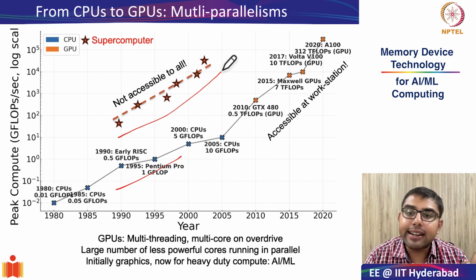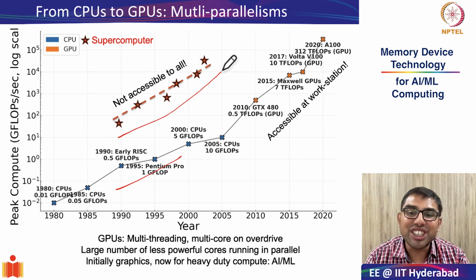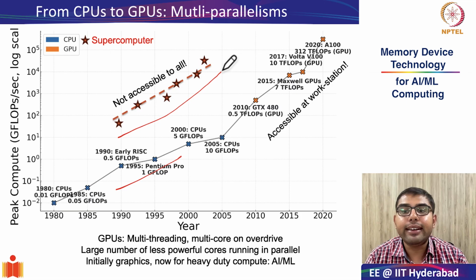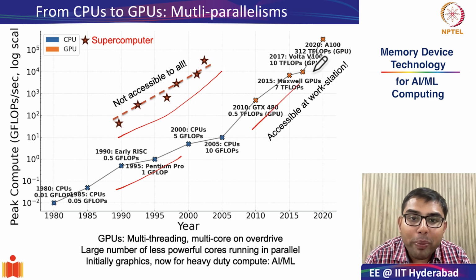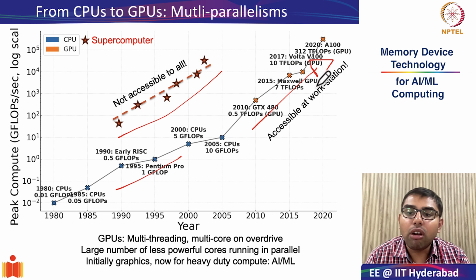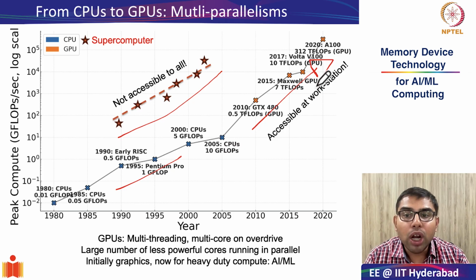These were originally designed for graphics, but GPUs offered massive parallelism, something that we will discuss in detail in the next slide. Now, GPUs have thousands of cores working at the same time, and around 2010, they started to be repurposed for general purpose computing. Unlike supercomputers, GPUs were relatively affordable and available to researchers, startups, and even students. So, GPUs have democratized high performance computing.